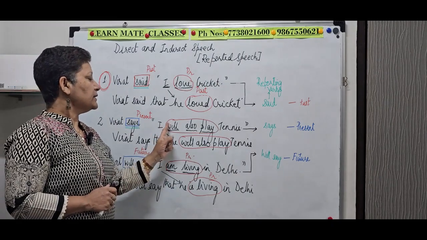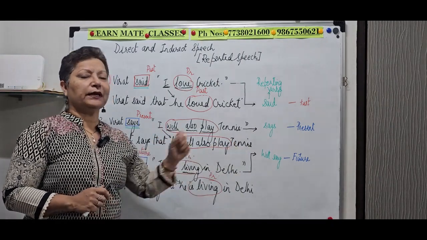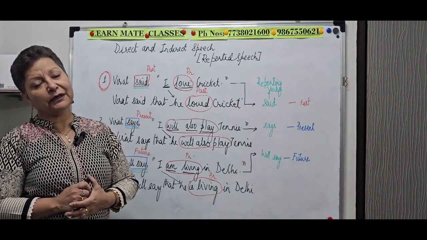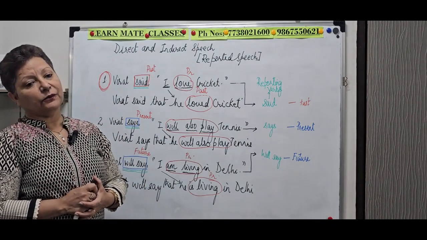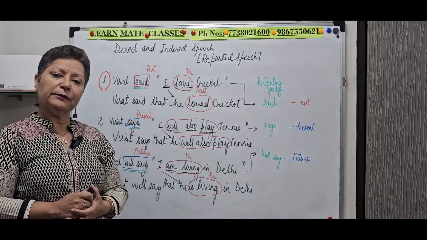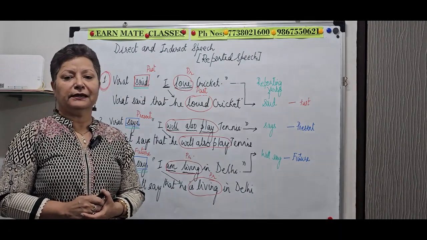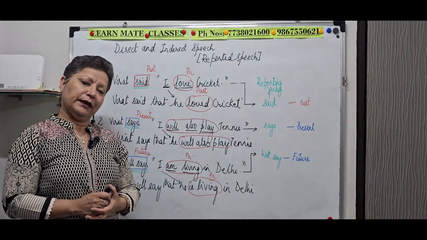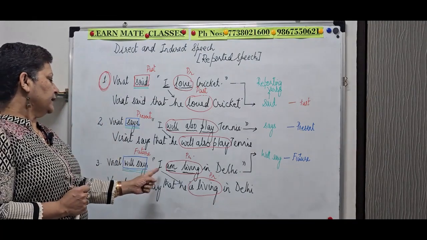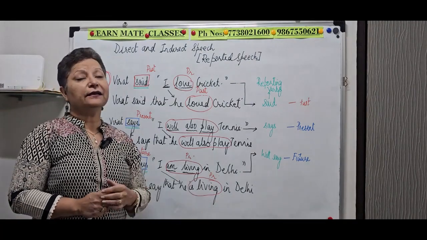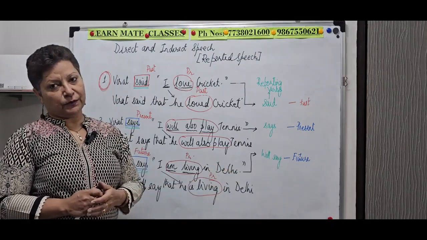The pronoun is changed. Will also play, will also play. Only if there was a change in the tense will I change the verb. Otherwise, all the other words except for the pronouns and the tense verbs will remain the same. I am living in Delhi. He is living in Delhi. In Delhi continues to be the same.